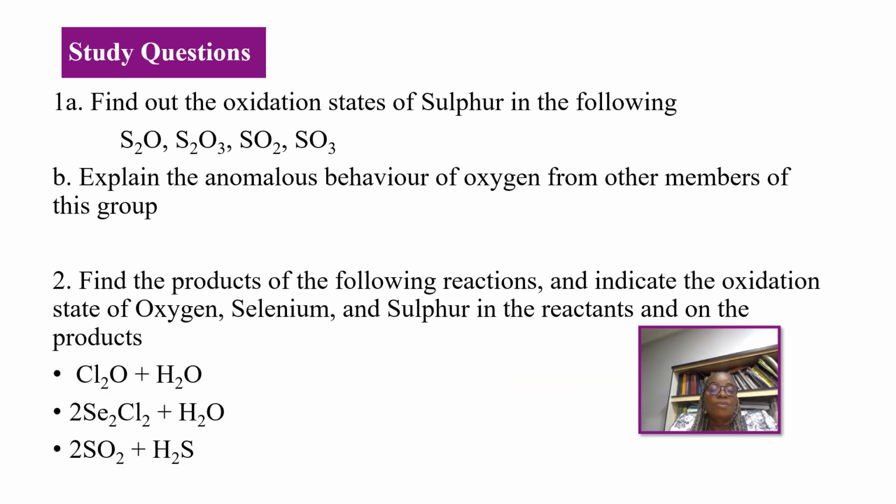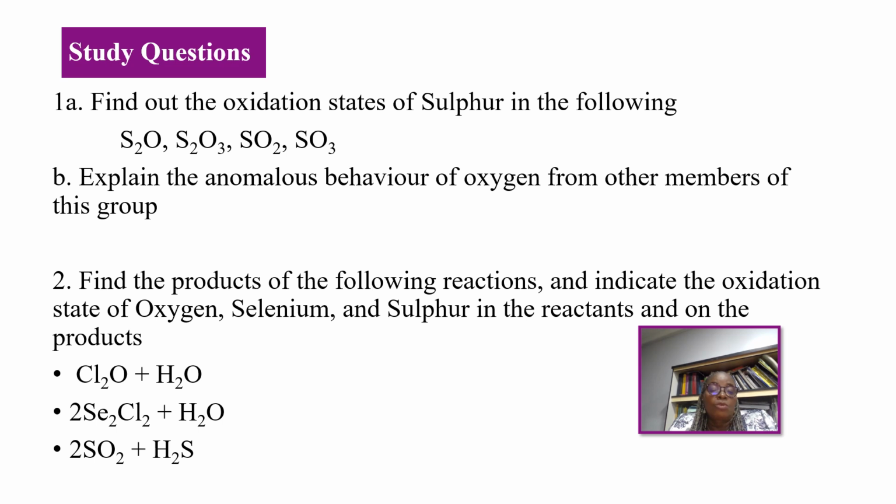Study questions. Find out the oxidation states of sulfur in the following compounds: S2O, S2O3, SO2, and SO3. Explain the anomalous behavior of oxygen from other members of this group. Find the products of the following reactions and indicate the oxidation states of oxygen, selenium, and sulfur in the reactants and the products.